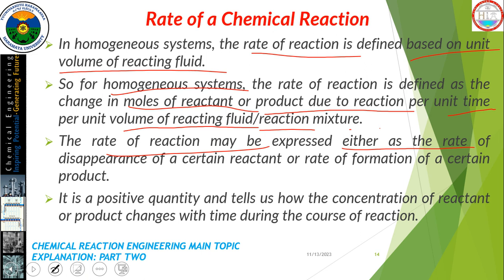The rate of reaction normally is a function of the rate of the formation of a product, or the rate of the disappearance of the reactant, or what we call the consumption of the reactant in a reaction. It is a positive quantity and tells us how the concentration of the reactant or product changes with time during the course of the reaction, which means that the rate of the reaction is equal to minus 1 over Vr dN by dt.